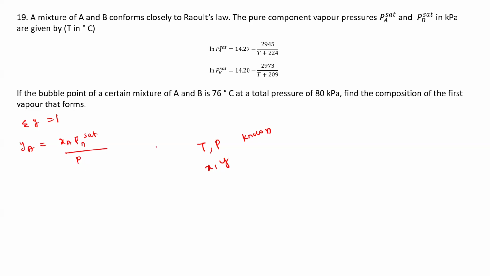So pressure is given as 80 kilopascal. PA sat I have to find at the given temperature. T in degrees Celsius is written here, so using that temperature, 76, I calculate ln PA sat, and PA sat is the exponential of that term, which gives 85.9 bar.